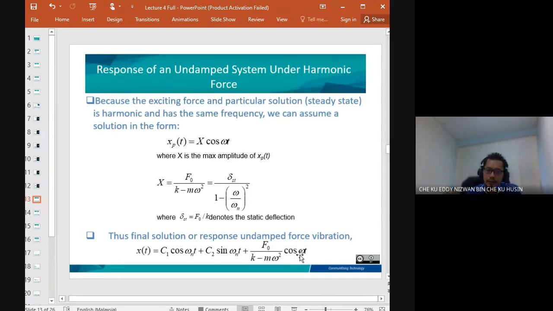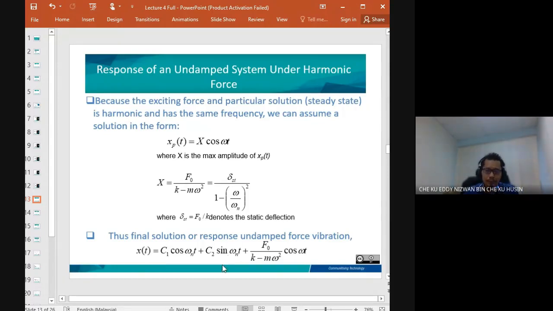For the particular we use omega, for the homogeneous we use omega n, because the homogeneous depends on the natural frequency. It will oscillate based on the natural frequency. Once you solve this part, you have to solve C1 and C2. Omega n you calculate based on the stiffness and mass.